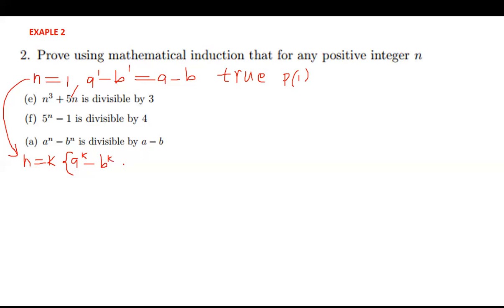When we divide this by a minus b, we get r as the answer. So when you cross multiply, this is what you're going to get.